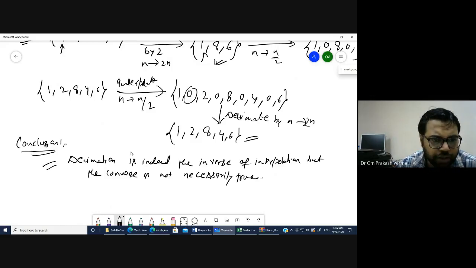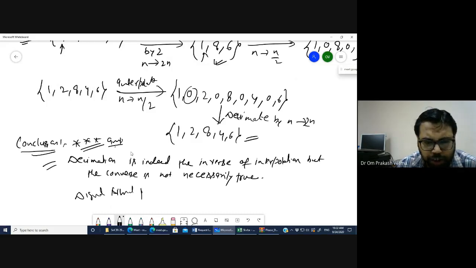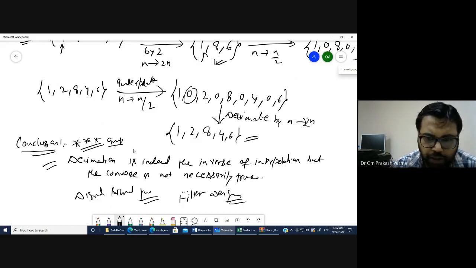So this is the case. It is very important. When you handle digital signal processing, this property will be used at the time of filter design.